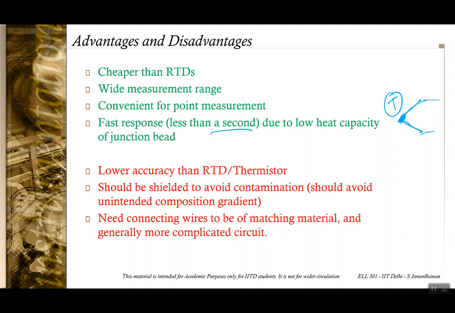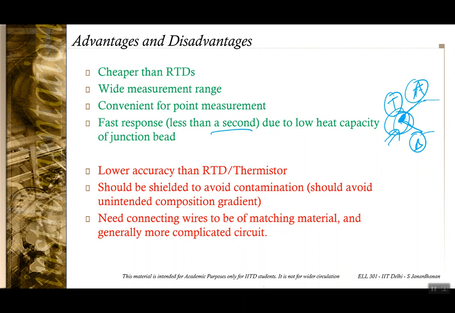And because the hot junction depends on the two materials, the entire reading is dependent upon what the two materials being used are. Any contamination of the material is going to seriously affect the reading, so these junctions need to be shielded properly to avoid contamination.